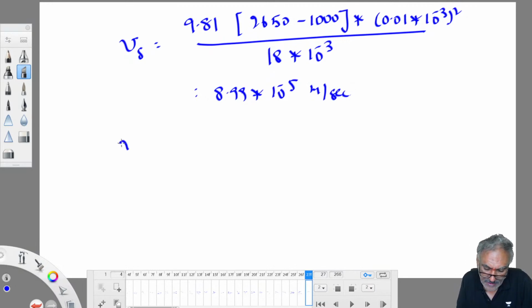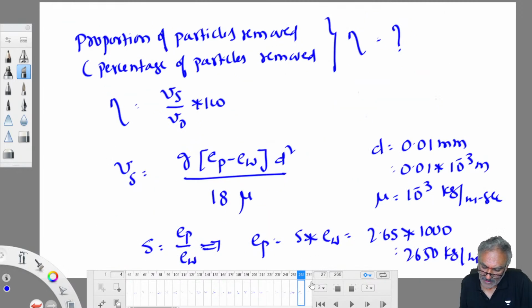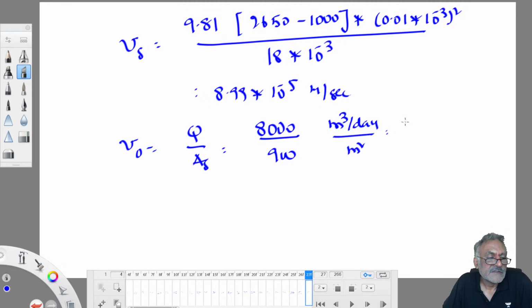Okay? And V naught is equal to Q by surface area. Q is given and surface area is given. Q is given as 8000 meter cube per day. Surface area is 900 meters square. Meter cube per day by meter square, we will get the answer in meters per day. But we need to substitute in meters per second.